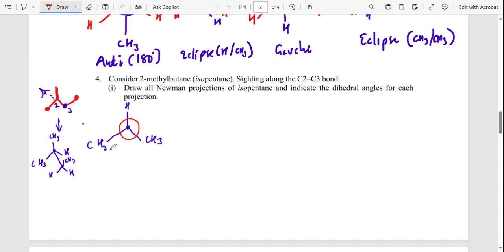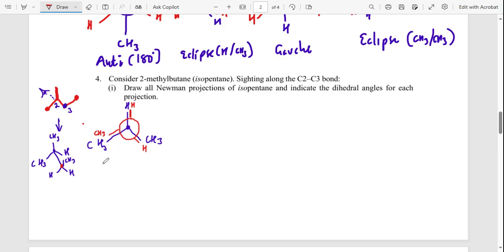For the carbon at the back, I'll start with what we call the eclipsed configuration. For the eclipsed configuration, we can have one hydrogen eclipsing the other hydrogen. Remember this carbon contains two hydrogens and a methyl. One hydrogen will eclipse with this hydrogen, and one methyl will eclipse with the other methyl.